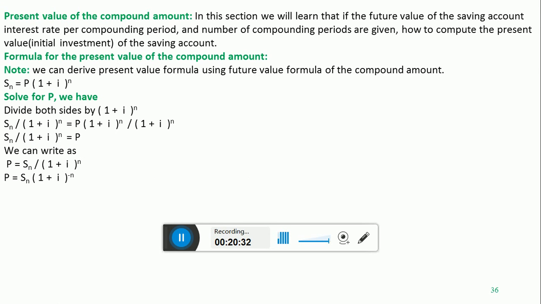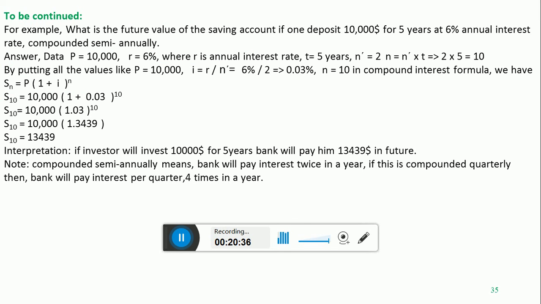$13,439. What does this mean? This is the interpretation: if the investor invests $10,000 for 5 years, the bank will pay him $13,439 in future. Note, compounded semi-annually means the bank will pay interest twice in a year.